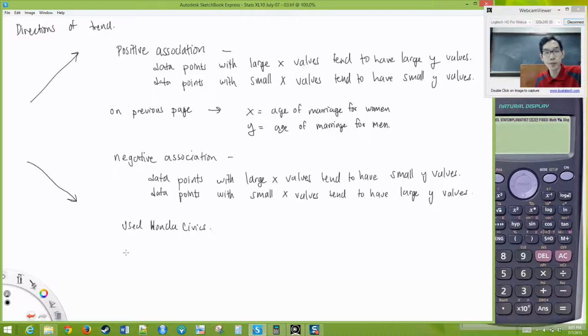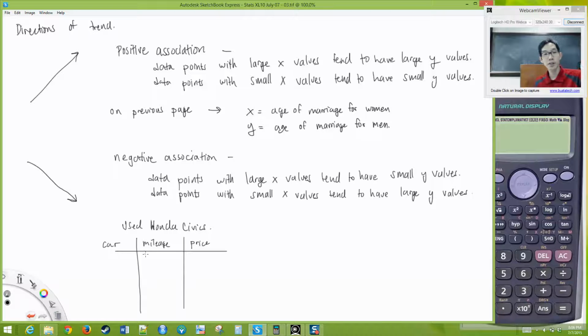For each car, maybe you look at the mileage and the asking price, or the sale price of the car.